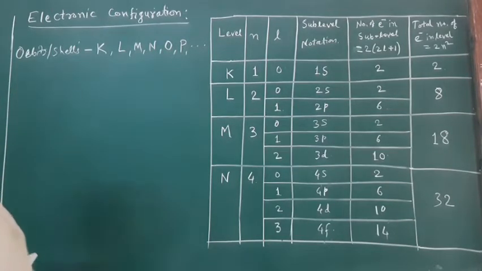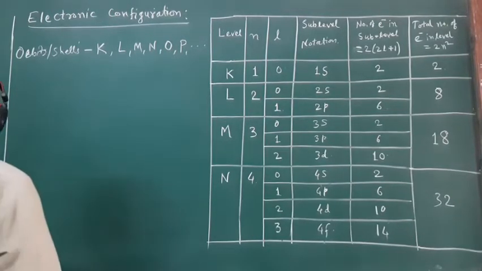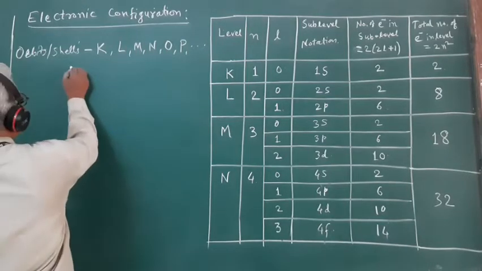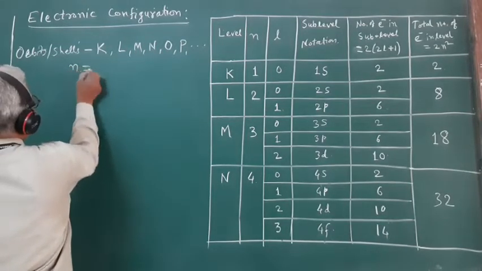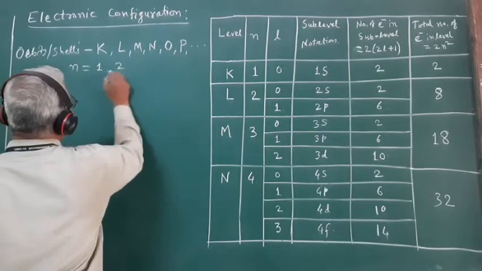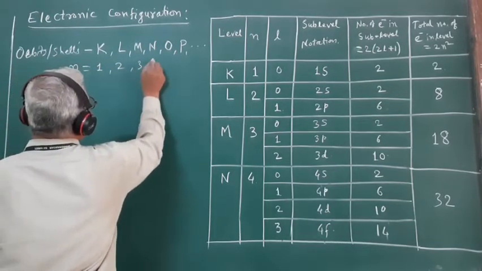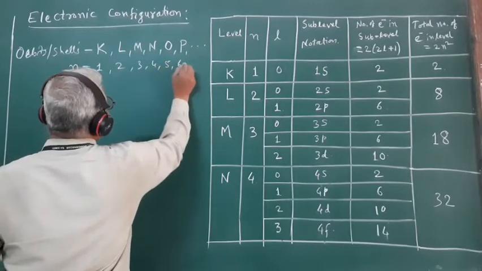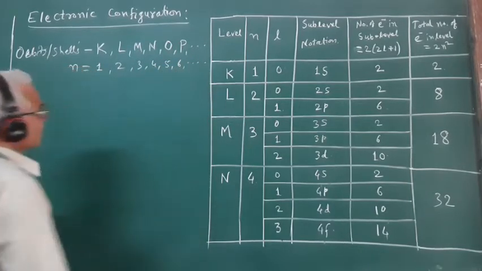These different shells K, L, M, N correspond to the value of the principal quantum number n equal to 1, 2, 3, 4, 5, 6, 7, etc. respectively.